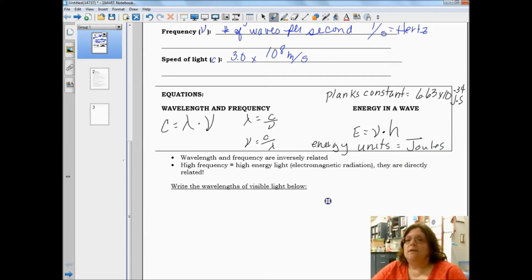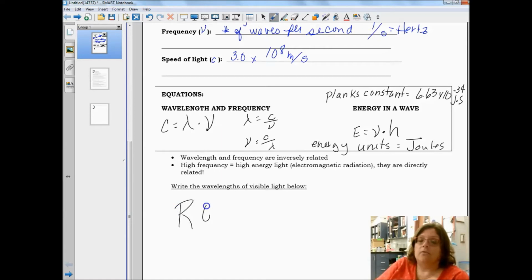The wavelengths of visible light. Visible light, of course, is the rainbow. Newton took light, passed it through a prism, discovered that there were different types of light. So the most common acronym for this, that you guys have all probably heard of, is Roy G. Biv.